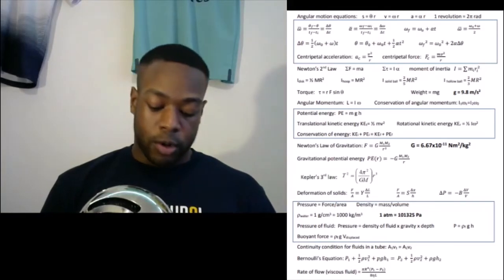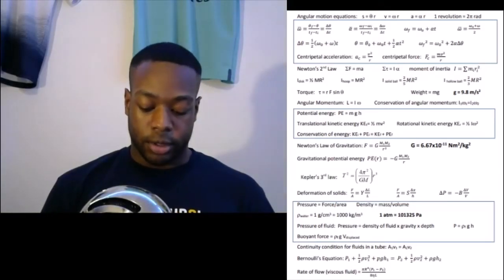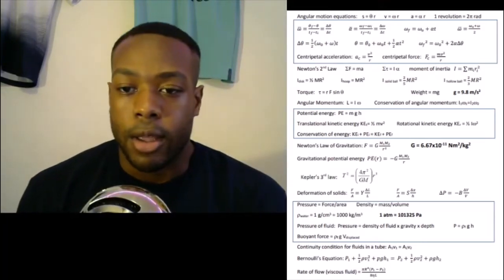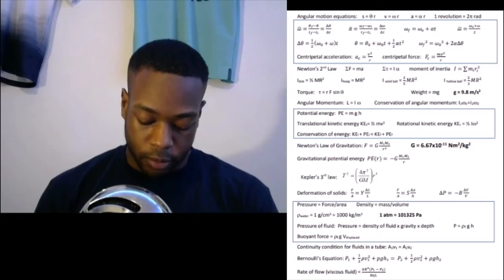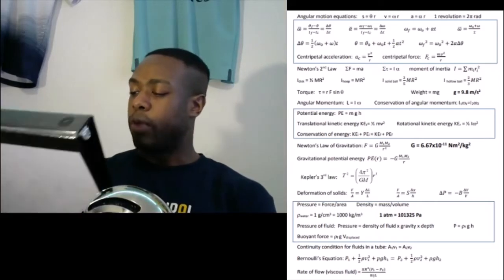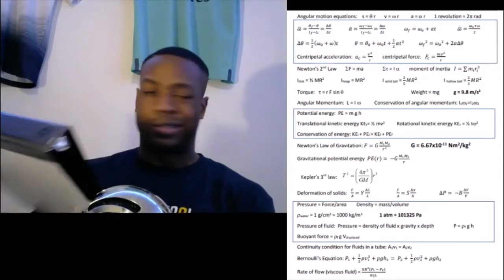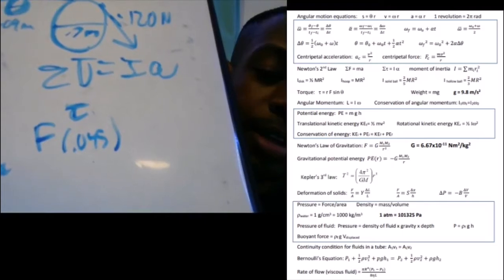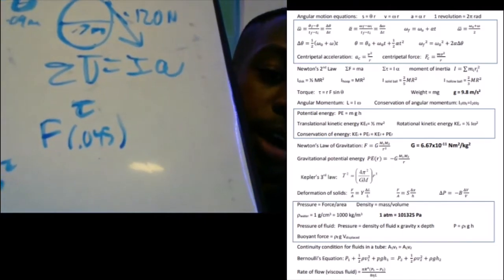So the force over the sprocket, we're going to do force, which we don't know yet, times the radius of the sprocket, which is going to be 0.045. So here I just said torque from the sprocket, or the applied force. Torque provided by the force over the sprocket. I've got the force that we're looking for and the radius of the sprocket.